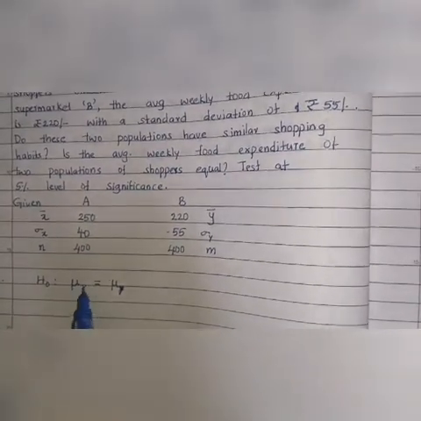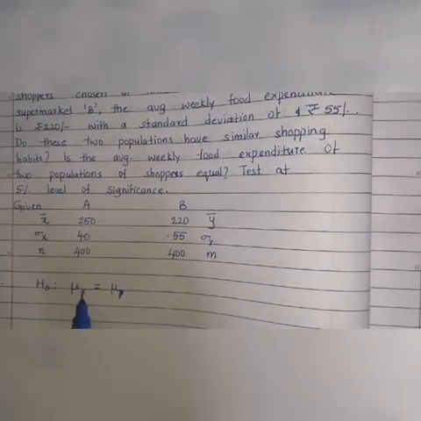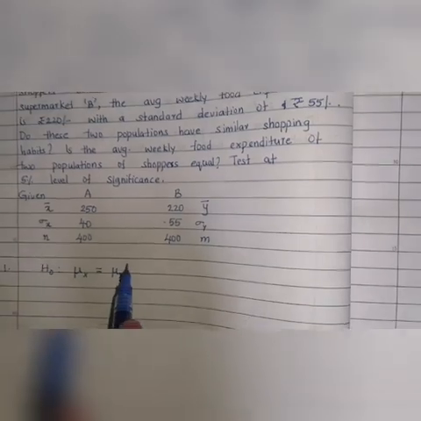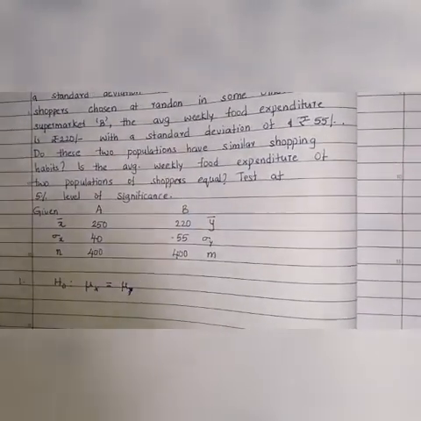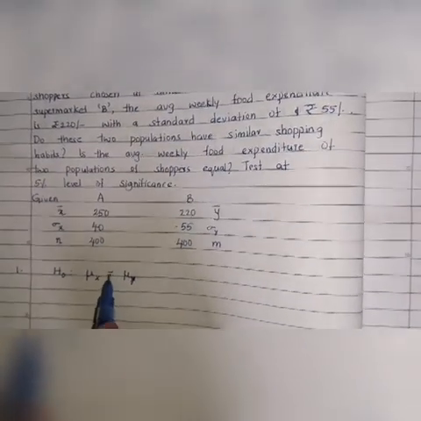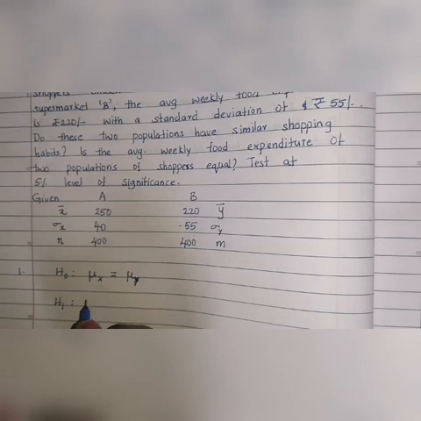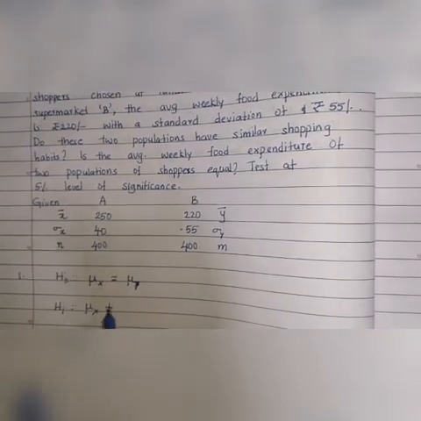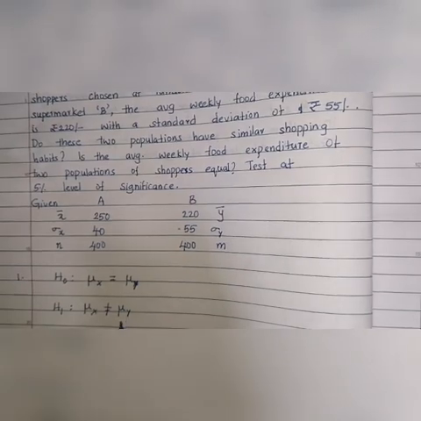So the average food expenditure of population X is equal to the average food expenditure of population Y. Both of them are equal. Then I write H1, mu of x is not equal to mu of y. That means there is a significant difference here.